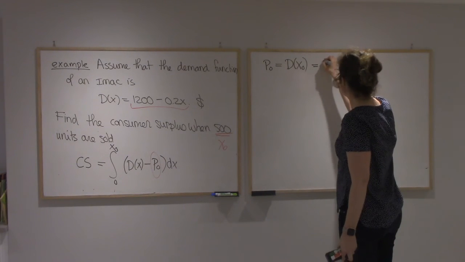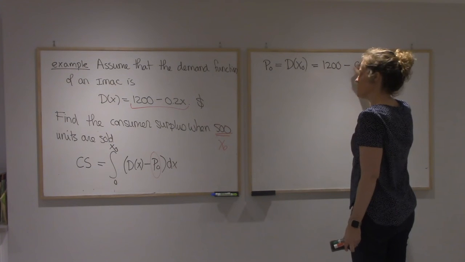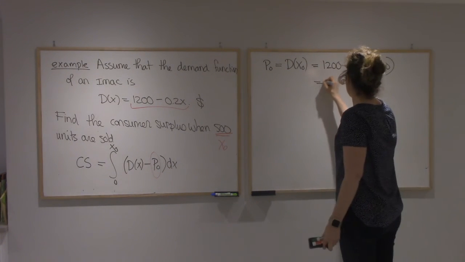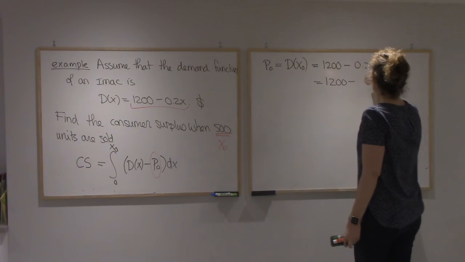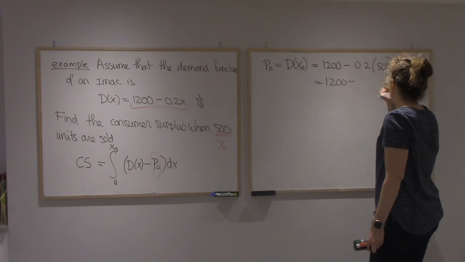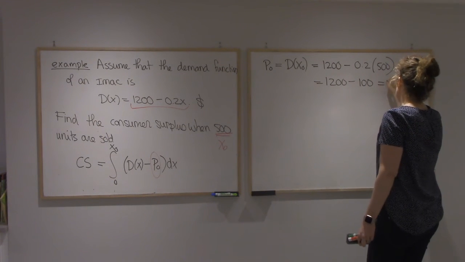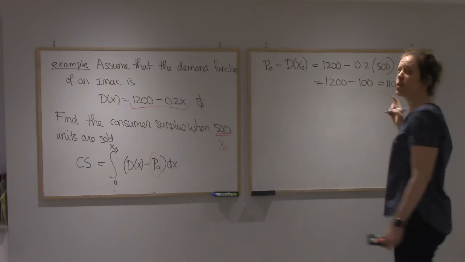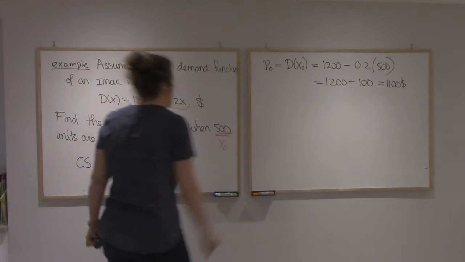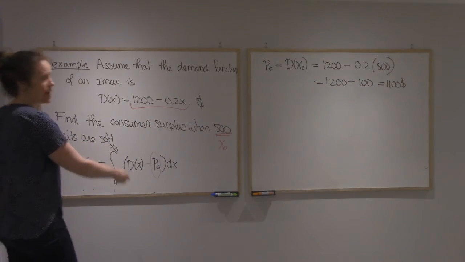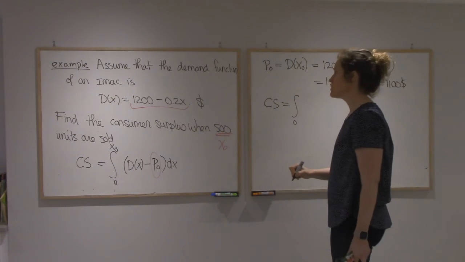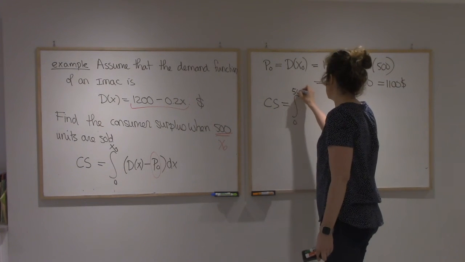I just apply my formula for d to 500. And so I get 1200 minus 100, I get 1100. So this is the price at which you're selling your 500 iMacs. All right, so let's plug that into the formula. The consumer surplus would be the integral from 0 to 500.